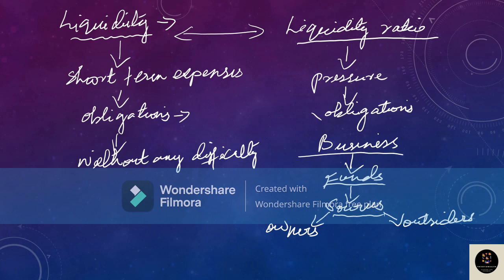The fund which comes from the owners is called equity. At the same time, the fund which comes from outsiders is liabilities.